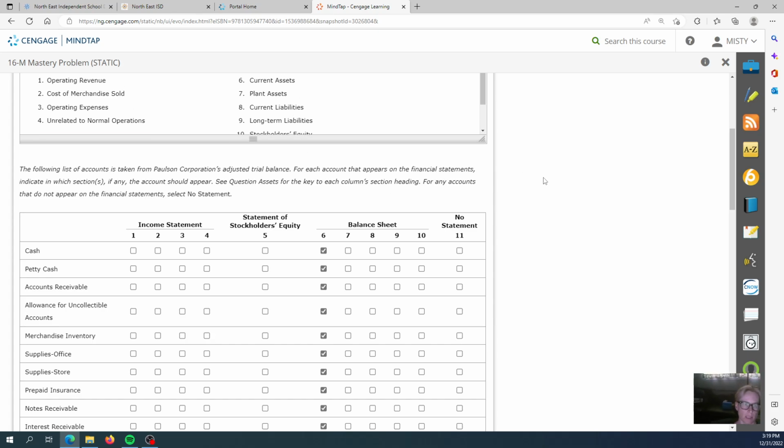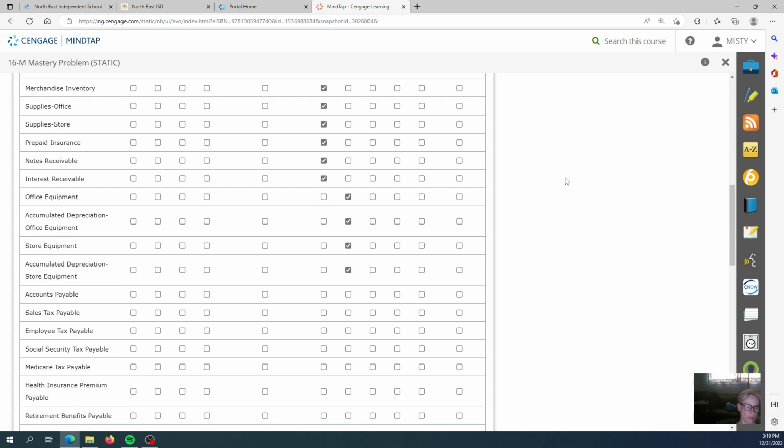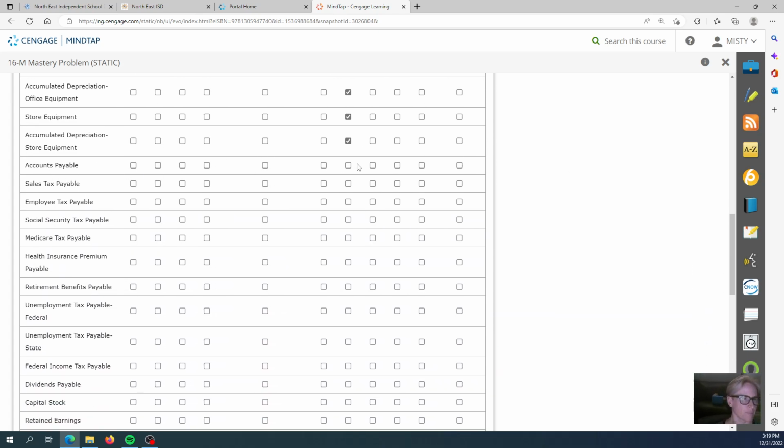We have current liabilities and long-term liabilities. So for this one, we have accounts payable, sales tax payable, employee tax payable, Social Security, Medicare, health insurance, retirement, unemployment. Federal income tax payable, and dividends payable, each of those.